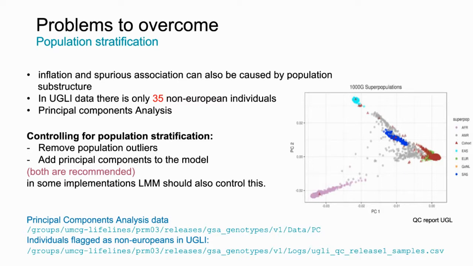So, for example, I study the microbiome, and you can imagine that the microbiome of people who live here depends a lot on the diet and would not necessarily be that different depending on the ethnicity.